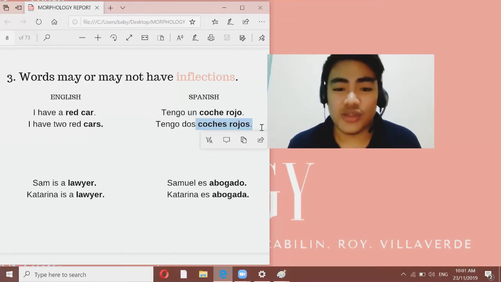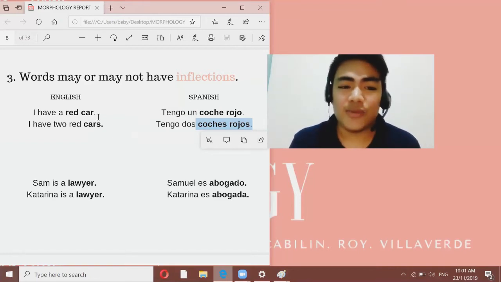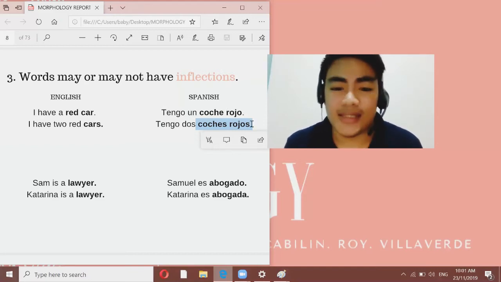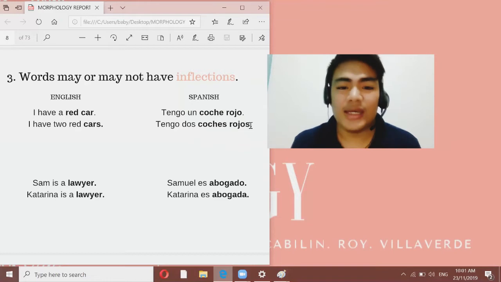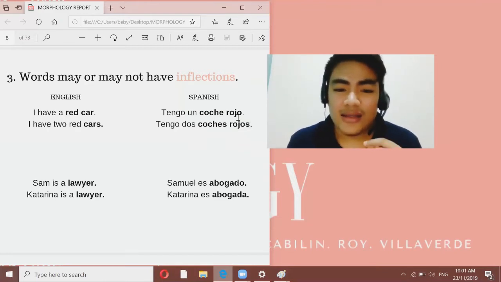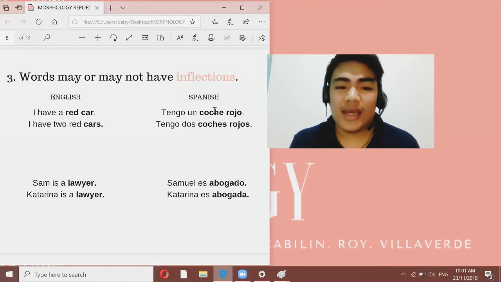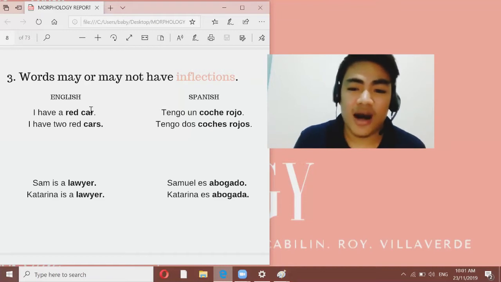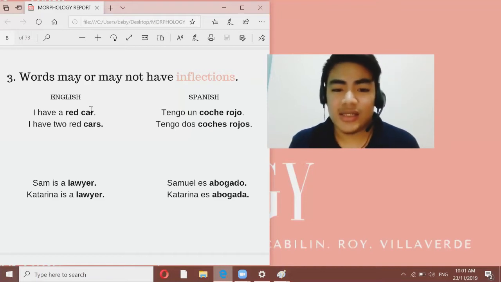There's an inflection going on. And just like with English, the inflection is done by adding s. Okay? Here we can see that the words coche and rojo are both pluralized. Rojo means red and coche means car in English.